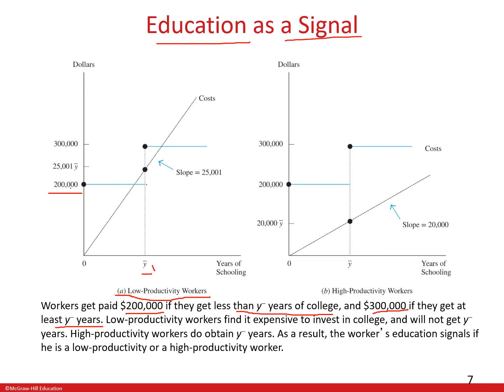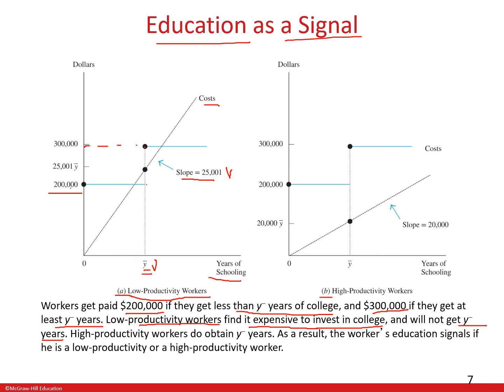Low productivity workers find it expensive to invest in college, and they will not get Y bar years, because you can see that after Y bar years of schooling, the cost, which is the slope of this curve, is $25,001. So they will find it more expensive to go to college.